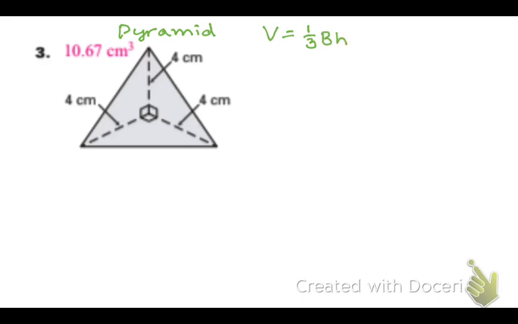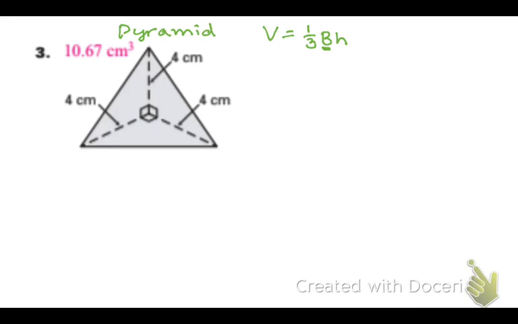Now, when you have a pyramid, you can have any number of bases. You could have a square base, a triangle base, a hexagon base. So you have to be really clear about what your base is.